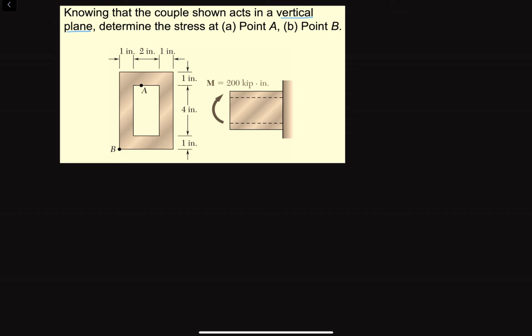Well, first of all, let's say that this is our horizontal axis, and this is our vertical axis, y. And here the point is going to be our z-axis. So our moment is happening around this axis right here, which tells us that we will have to calculate the moments of inertia about that axis.